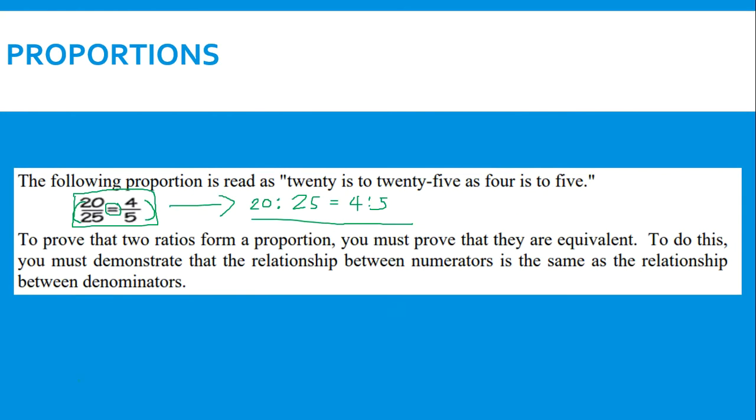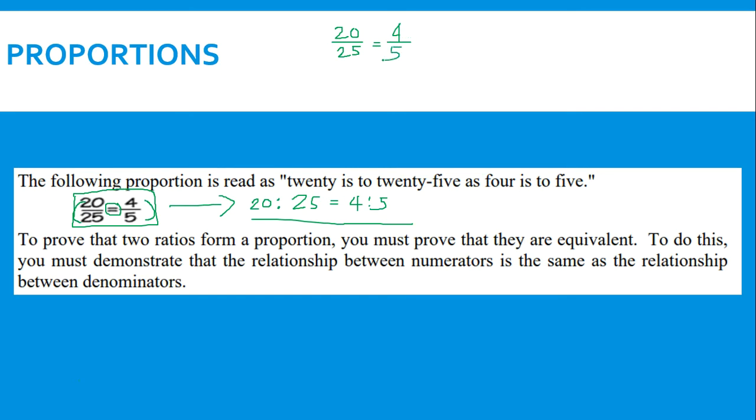So, how are we going to prove that 20 is to 25 as 4 is to 5 forms the proportion? Okay? Sige. I will write again 20 is to 25, so in fraction form, then equals 4 over 5 or 4 is to 5.